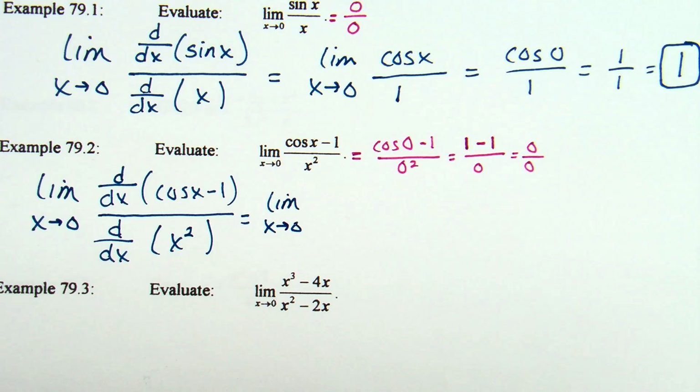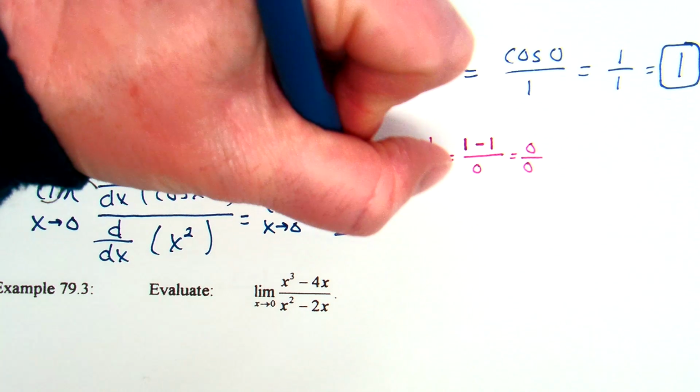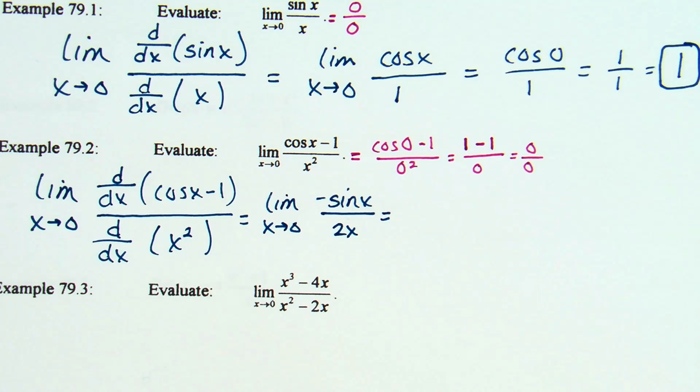What is the derivative of cosine x minus 1? Negative sine x. Derivative of x squared. 2x.